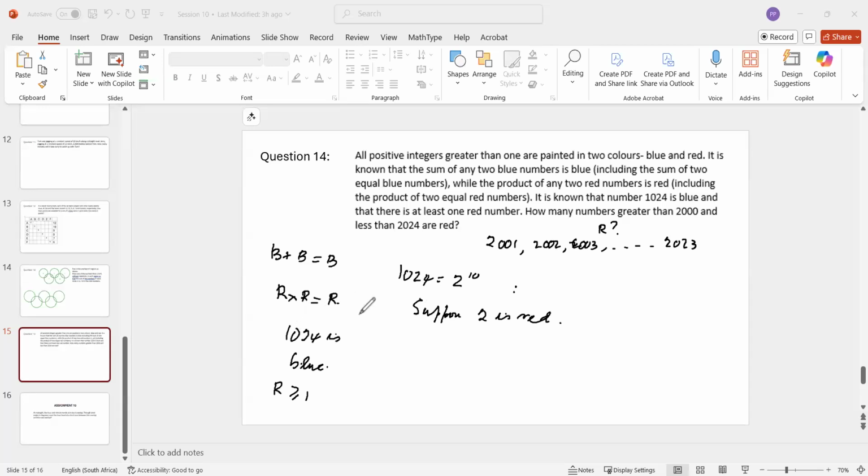Now the product of two red numbers is red. So it means that 2 times 2 is red. Now this is red. If I multiply this by 2, that's also red. And if you keep going like this until you come to 10 of them, so this will be red.